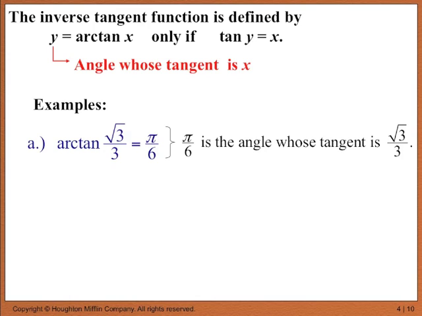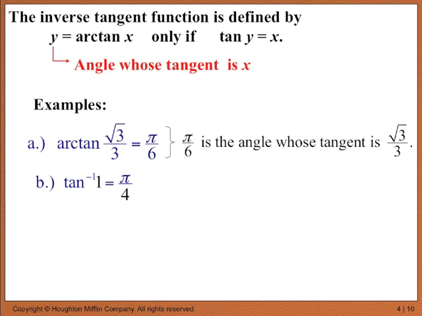It simplifies, of course, to 1 over root 3, but 1 over root 3 is the same as root 3 over 3. The same exact thing. And that is equivalent to y over x on the unit circle. Y over x on the unit circle for pi over 6 is root 3 over 3.